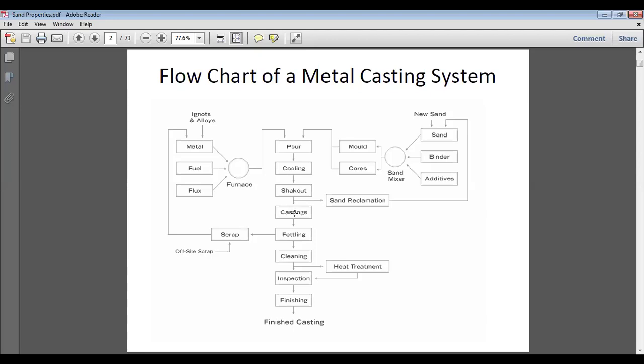Once the casting is taken out, the mold is probably useless, because mostly we use single-time use molds. The mold is made up of sand, and this sand is again utilized, sent to the sand mixer.